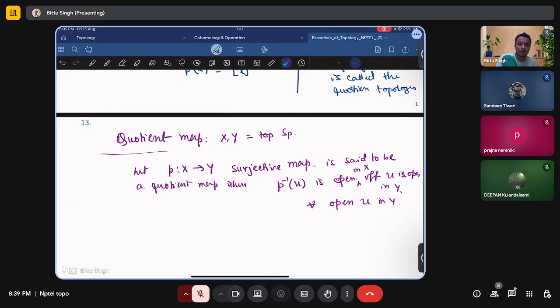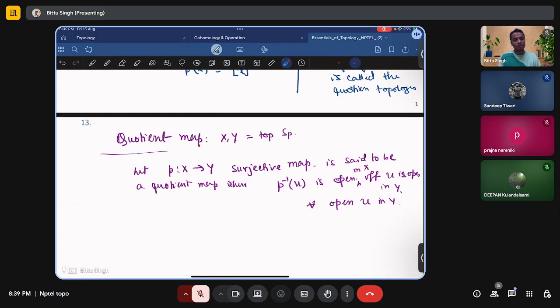Is it clear? For continuity, we ask that for an open set U, P inverse of U should be open. But for a quotient map, we want this to be if and only if. We don't need more than that, right?